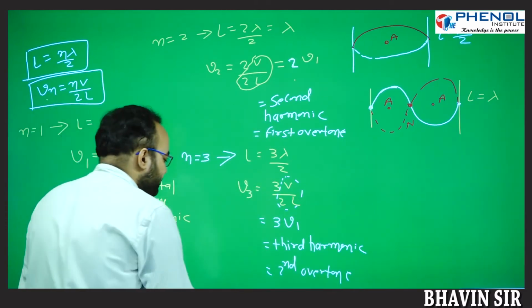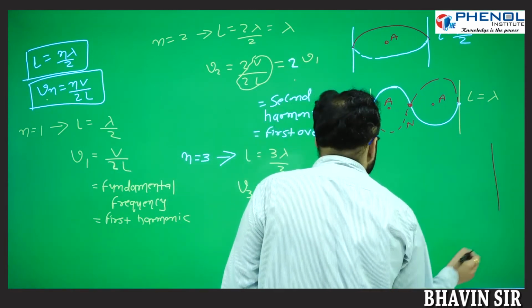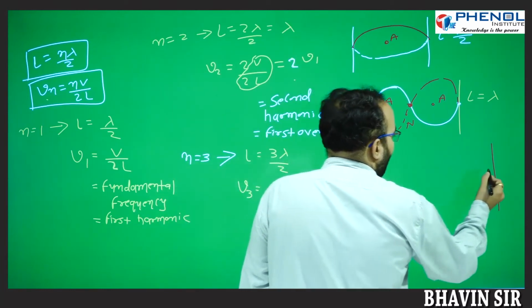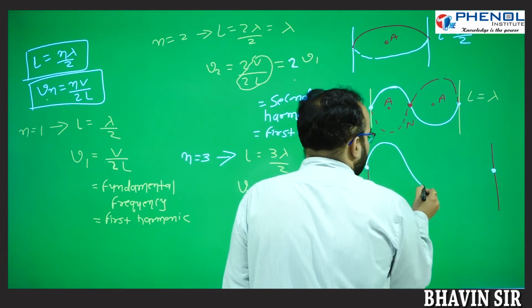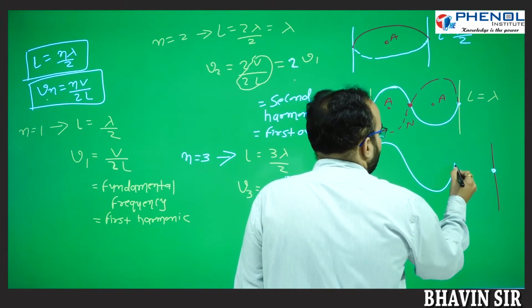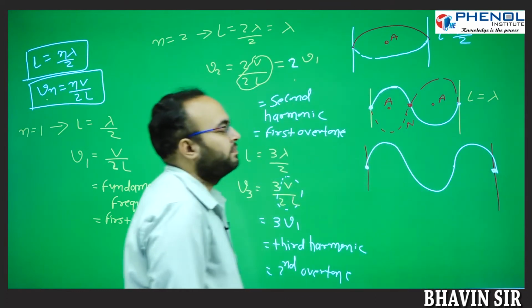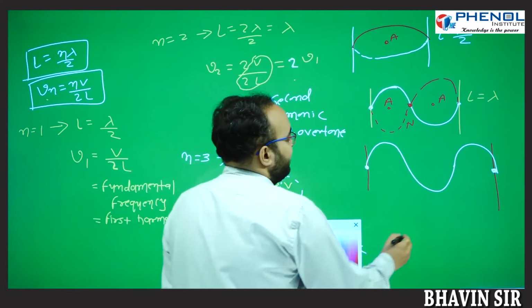Why second overtone? See, chalo, so here how many waves? Suppose this is one complete wave and one more half wave. Now after that point we draw the reflected wave.